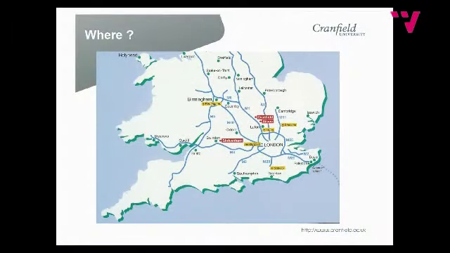We have 3 campuses, soon to be 2 campuses. The first of which is the main one, at Cranfield itself, situated about 80 kilometres north of London. We have another campus nearby called Silsoe, and Silsoe campus is soon to be closed, so we will soon be only 2 campuses.